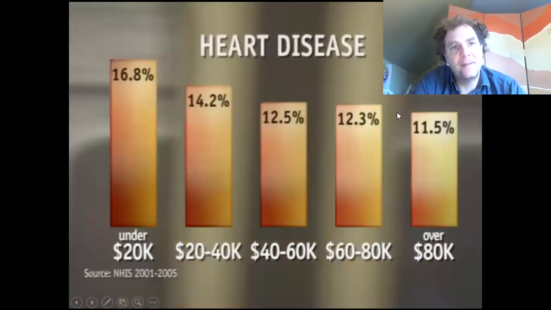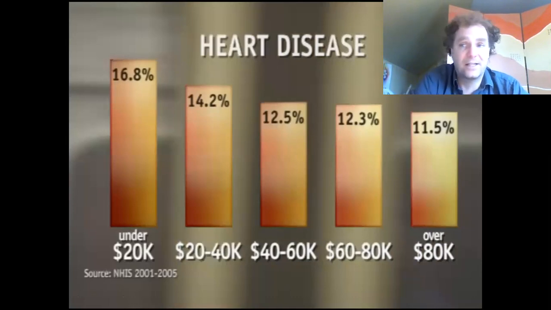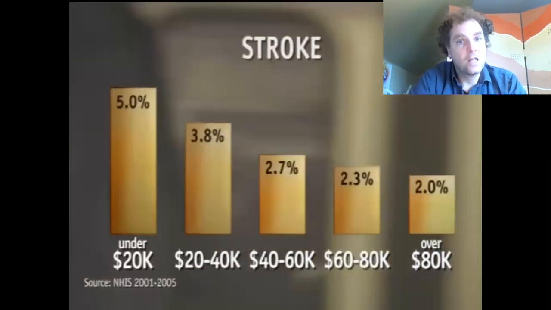This is not just true for diabetes, but also true for heart disease. Again, more money means less of a chance of having heart disease. Here, the curve is much more flat because heart disease is so prevalent. It's one of the most common health problems Americans have. But again, we still see that same relationship. We see it for stroke too.